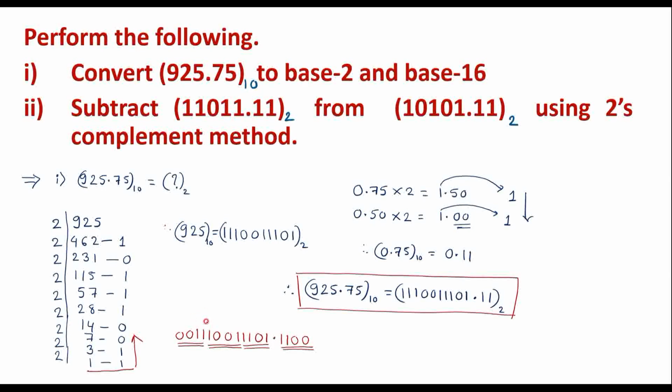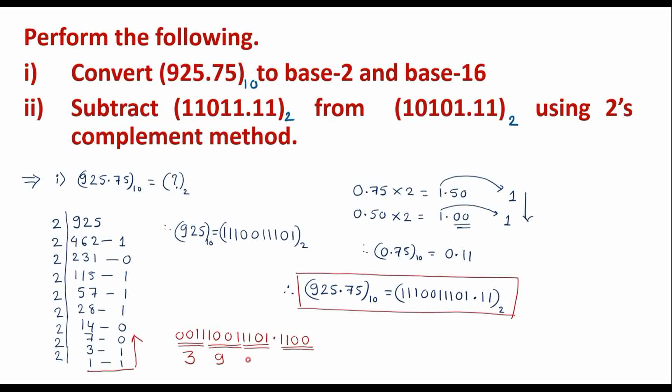Now we'll convert each group into a hexadecimal number, that is 0011. In hexadecimal its value is 3. 1001 in hexadecimal is nothing but 9.